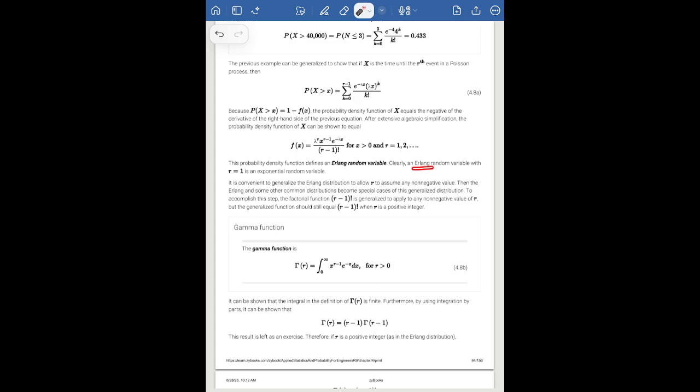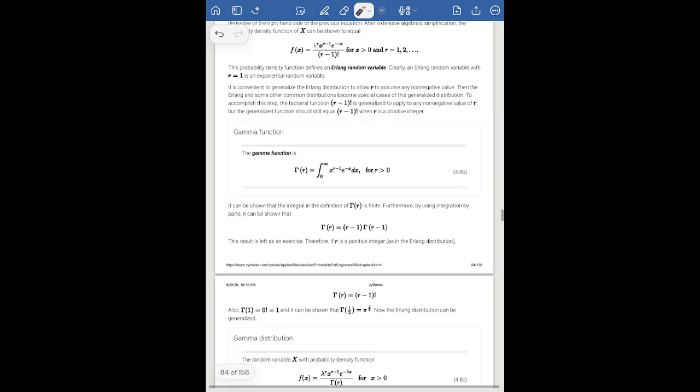If you take r equal to 1, it's related to the exponential random variable. In fact, it is the exponential random variable if you take r equal to 1. So the Erlang random variable is basically an extension of the exponential random variable, or you could say the exponential random variable is a special case of the Erlang random variable.